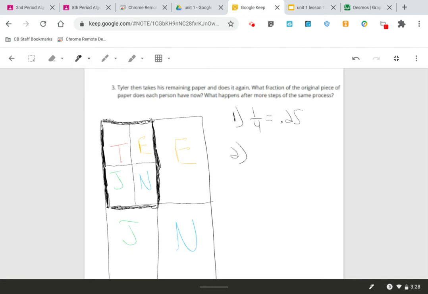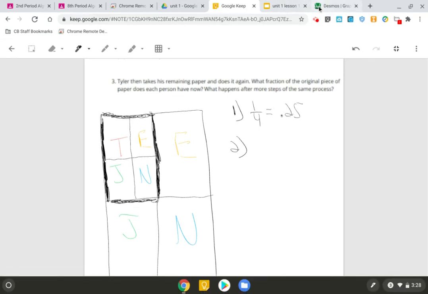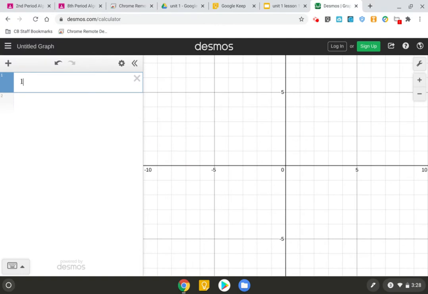Okay, so we want to know how much does each person have now? Well, now Tyler has a quarter of his quarter left. So if you take a quarter and you divide that up into quarters, and we'll go to Desmos to get the decimal, he now has 1/16 left over.